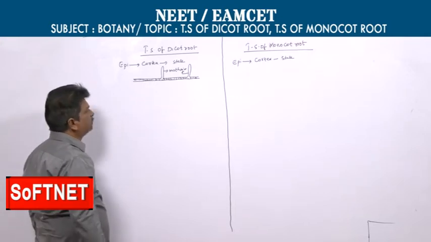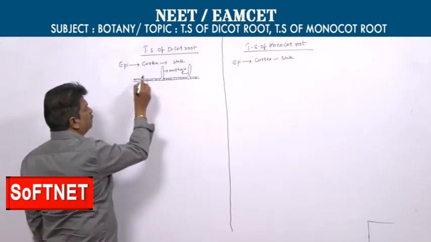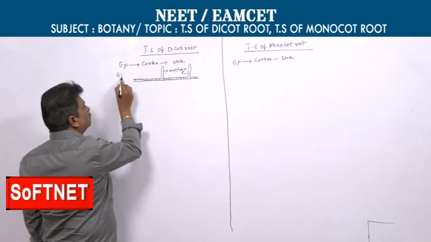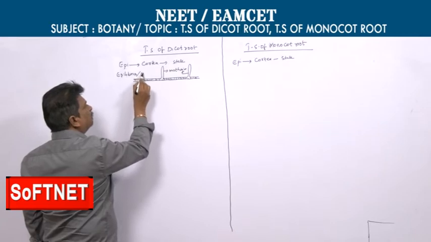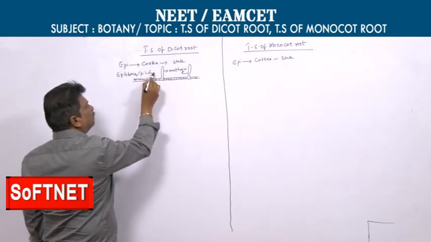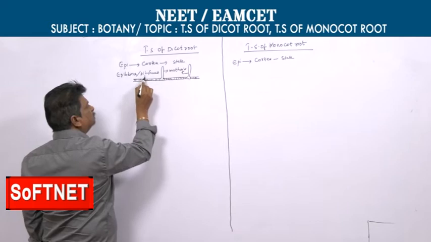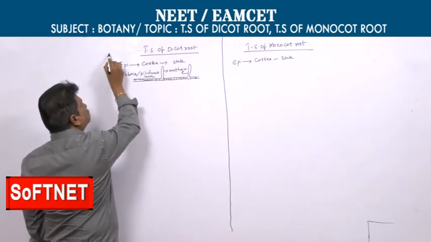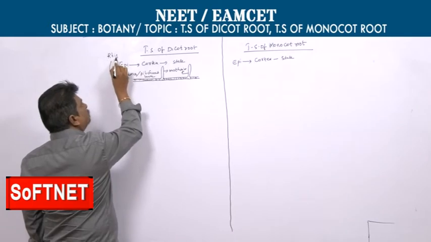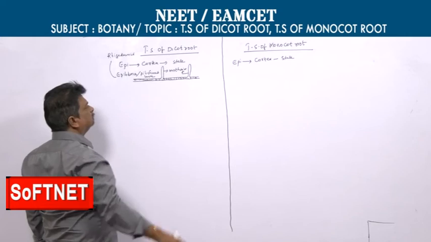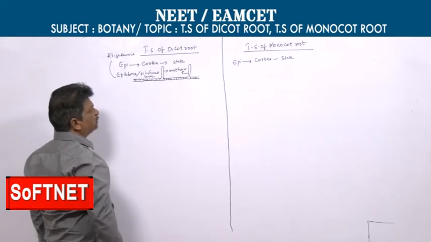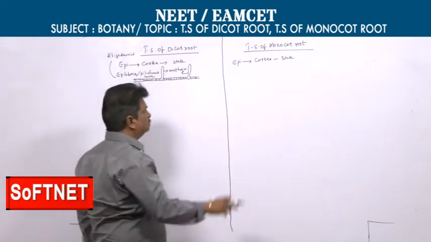Because of root hairs, root epidermis is called epiblema or piliferous layer or rhizodermis. This is epidermis of dicot root.